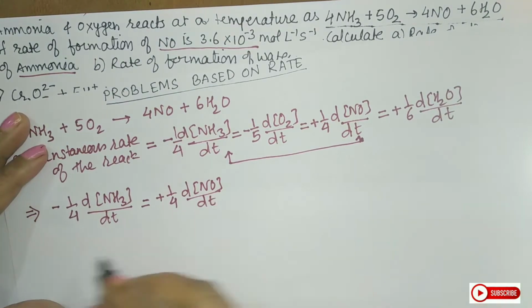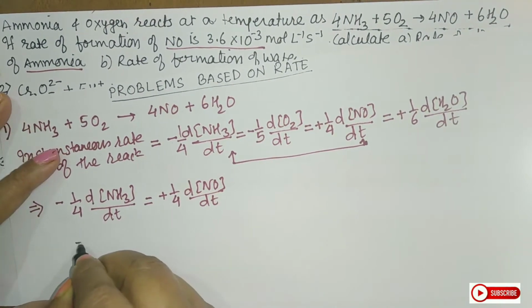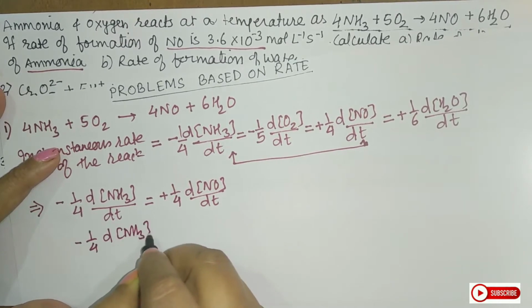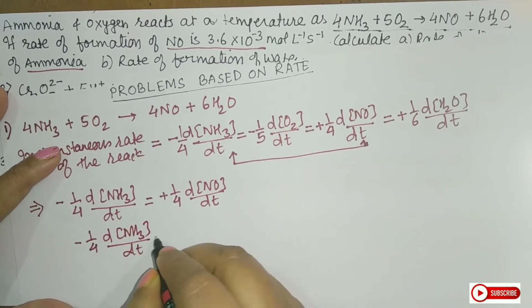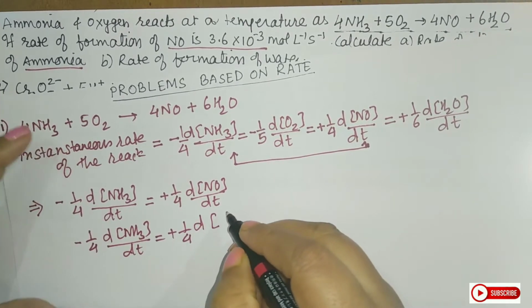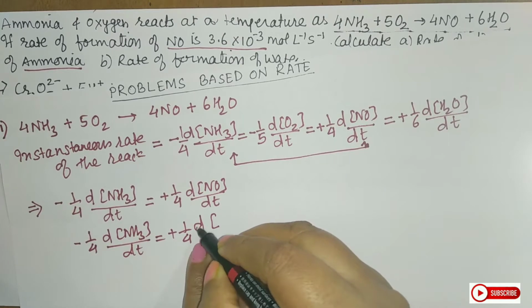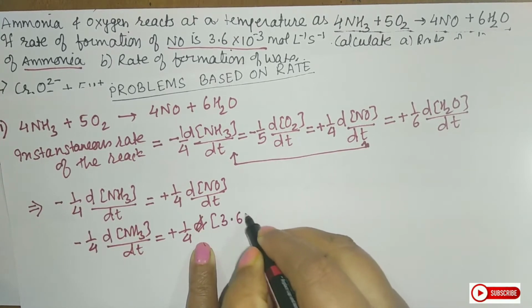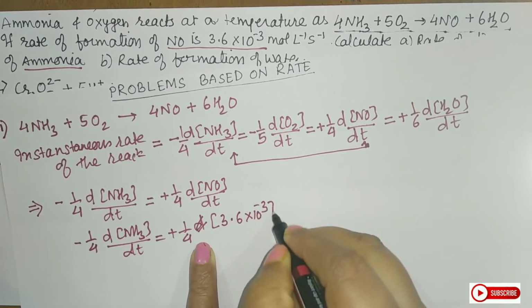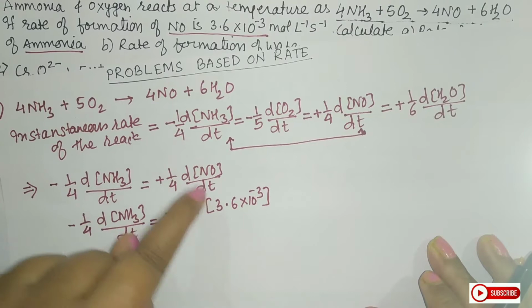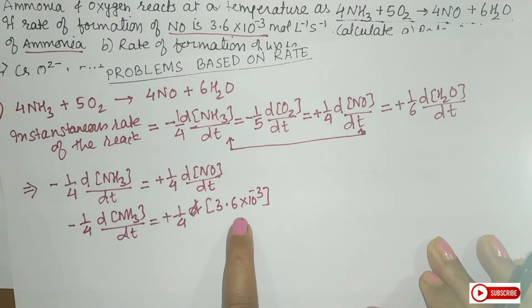So what you get is minus 1 upon 4 d[NH3] by dt is equal to 1 upon 4 into 3.6 into 10 raised to minus 3 by dt. So this full concentration term they have given.